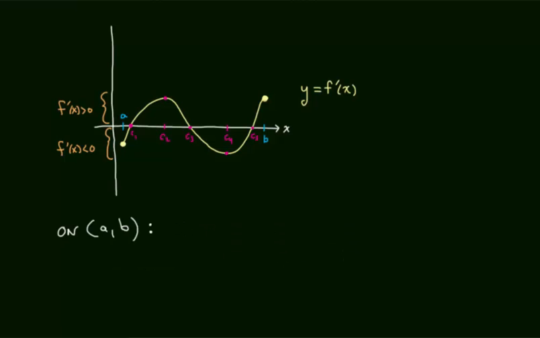And we can also say that on the open interval AB, f has a local maximum. Do you see where the local maximum is going to occur? Do you remember why it's a local maximum?